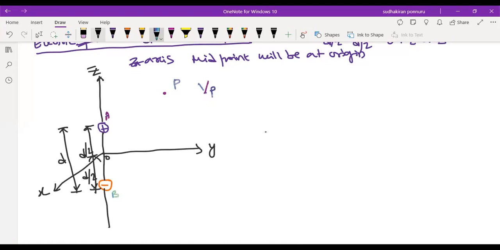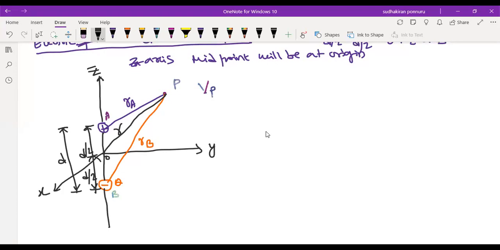Now we are going with the diagram again. This point P is at a distance of r_A from plus Q, and the same point P is at a distance of r_B from minus Q. And from the origin, the point P is at a distance of small r.